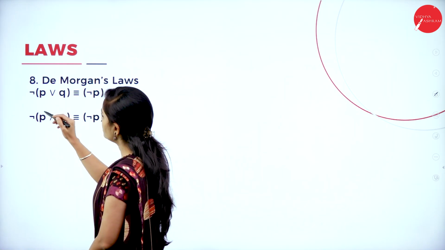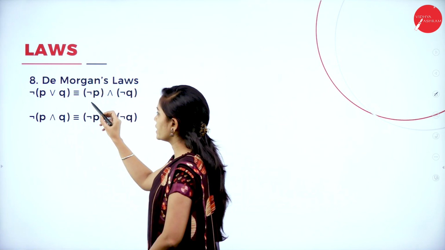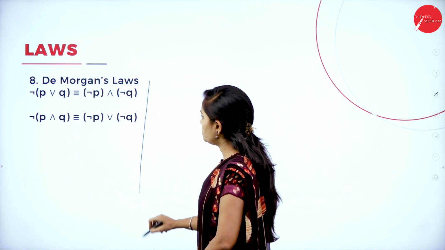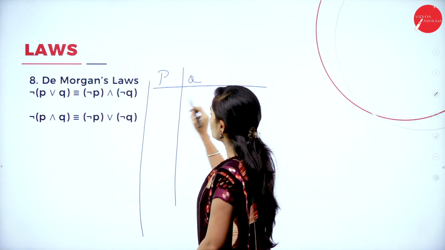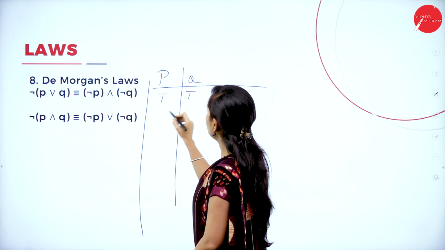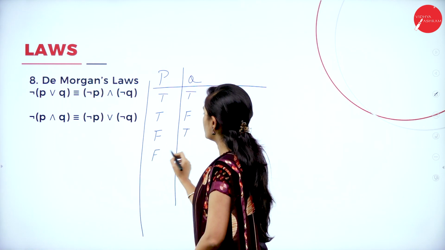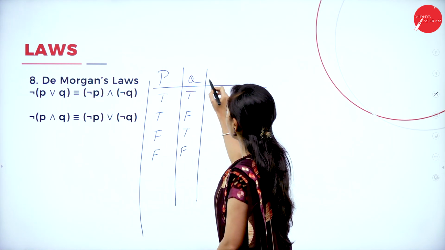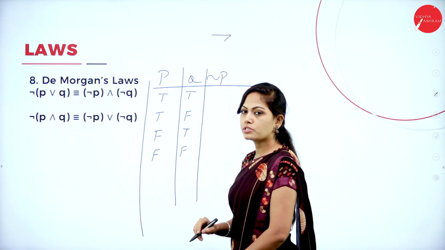So now here I have negation of P or Q is equivalent to negation P and negation Q. I have two statements P and Q: true, true, true, false, false, true, false, false. First I will find out negation P. You can represent this by this symbol also.